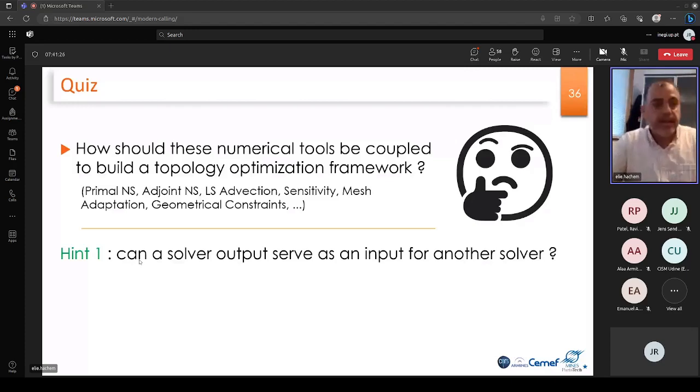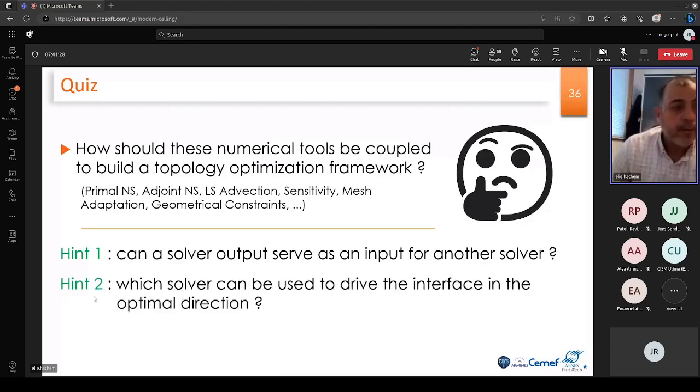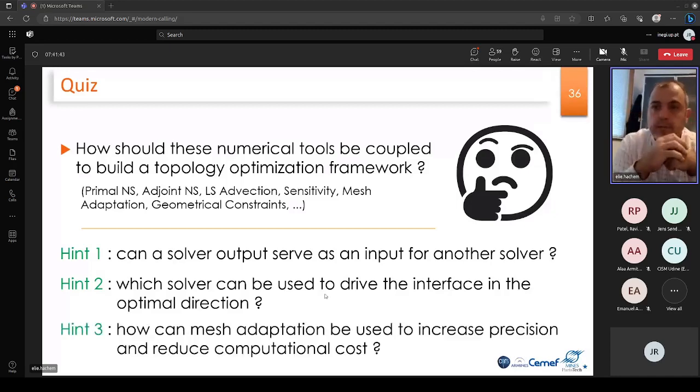So everything is related. That means you're going to have to solve these equations one after another. Okay, and we're going to use the adjoint and the Navier-Stokes in order to derive the velocity convection at the interface. And also, this is the plus that we have: mesh adaptation can help you increase precision and reduce computation cost.